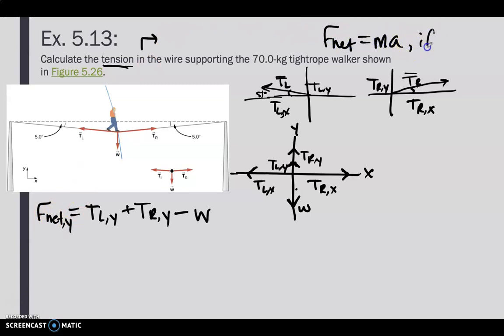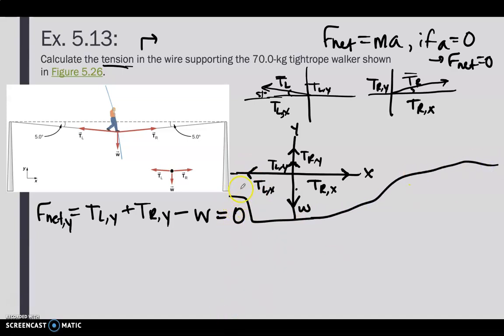So if a equals 0, our force is equal to 0. Okay, so therefore in this equation here, our F net is equal to 0. Alright, so that's our first equation.